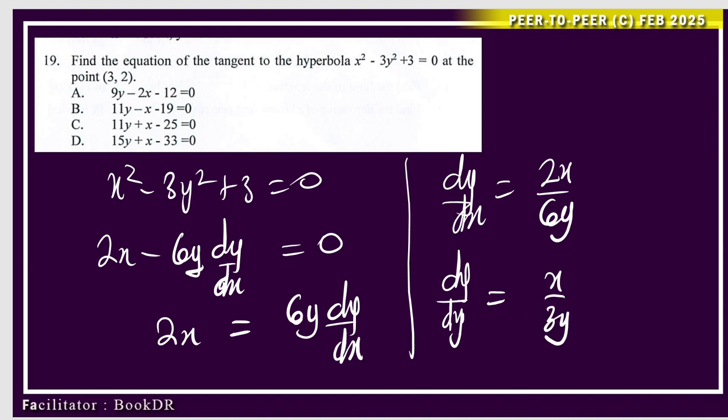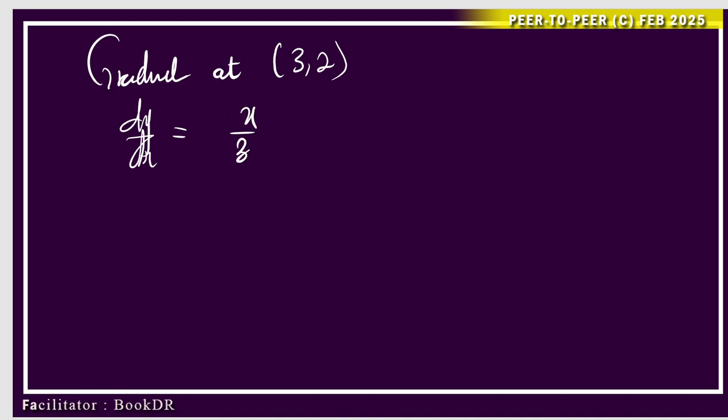So gradient at 3, 2. Let's calculate the gradient at the point 3, 2. Remember our dy dx yielded x over 3y. So we just substitute in.